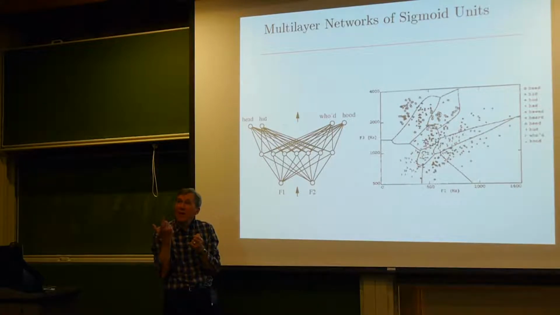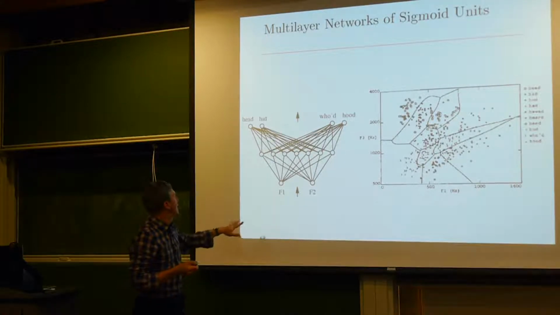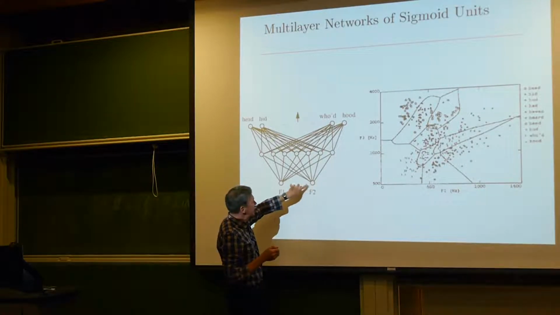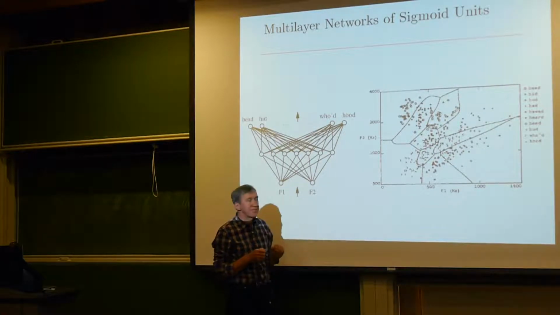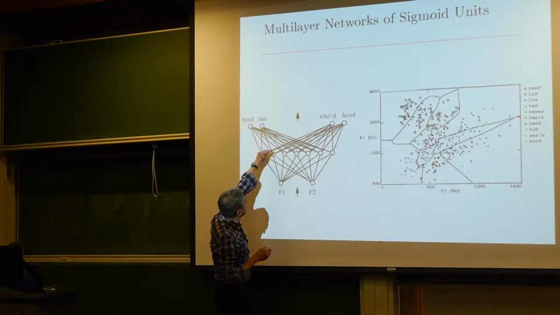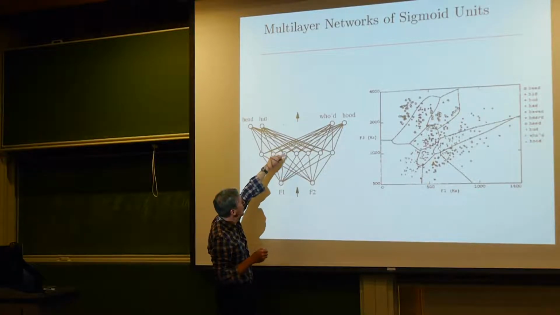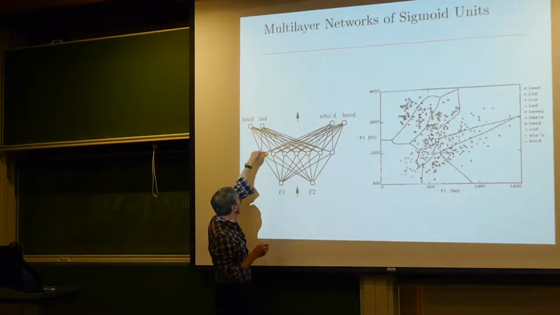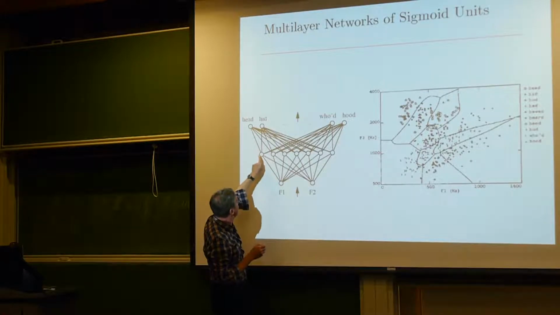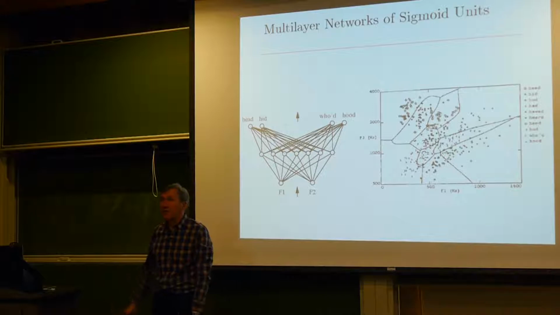That is, any one of those sounds would be represented as a vector of these two numbers. And each of these circles represents the output of one of the threshold units. So here's the threshold unit. It has two inputs, and it produces an output according to that logistic function.